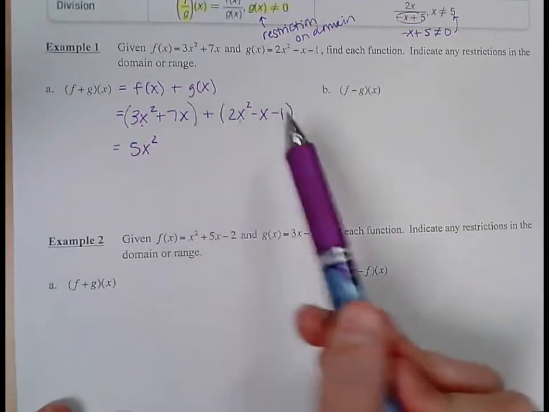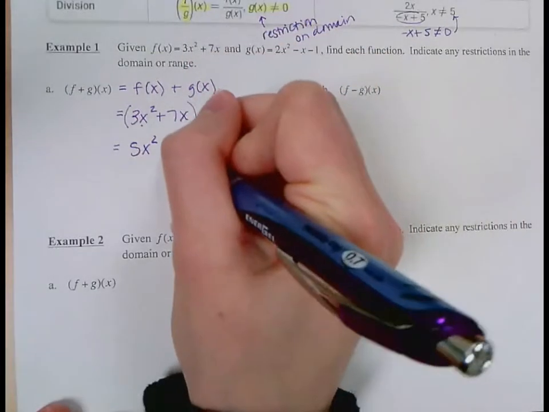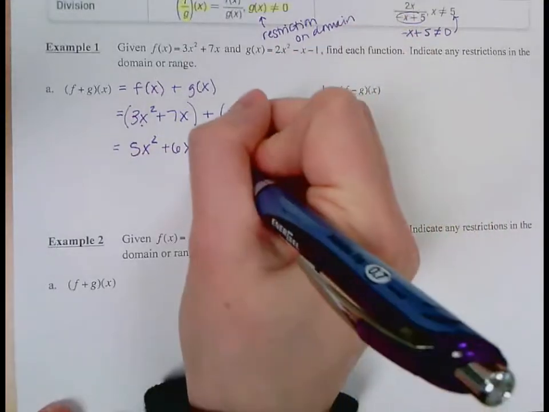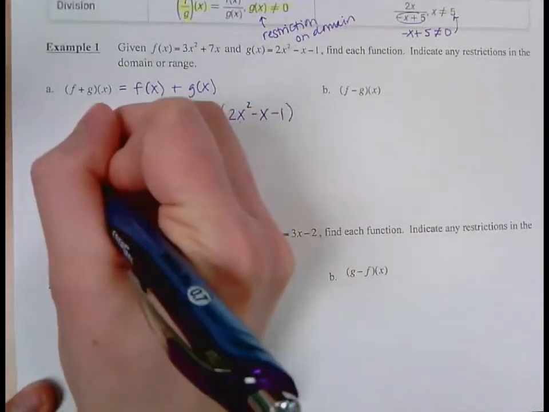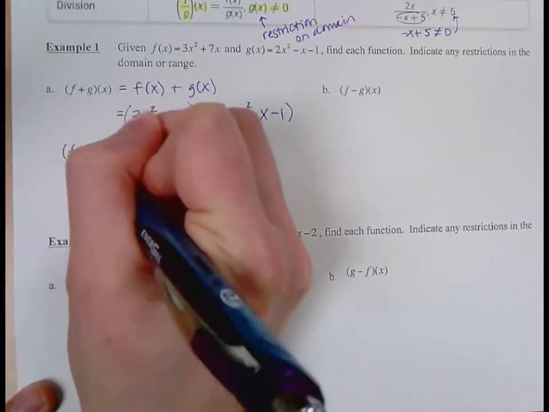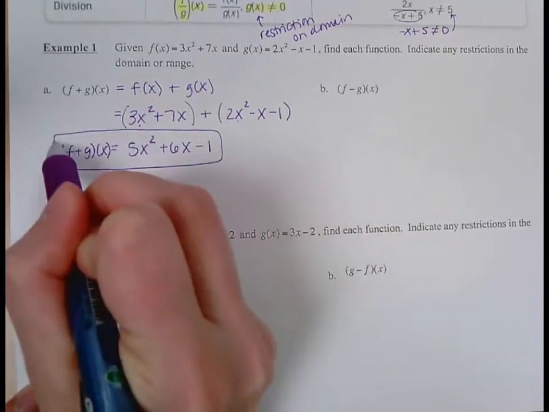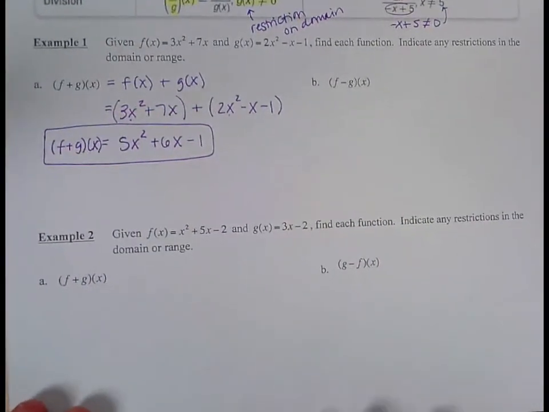I have 7x plus negative x, so plus 6x. And then I have a minus 1. And that would be the function f plus g of x. So knowing how to set it up and then knowing how to simplify it. Any questions on part A?